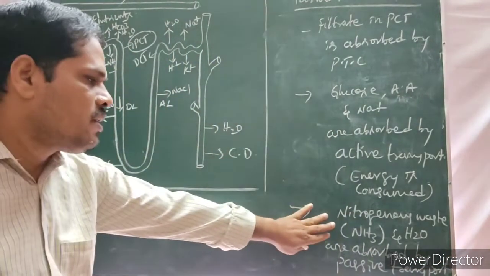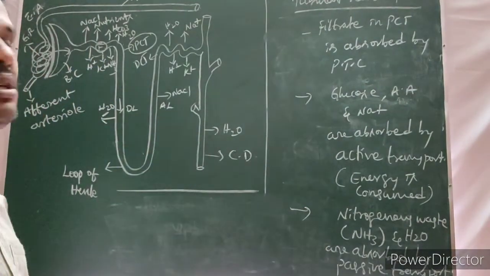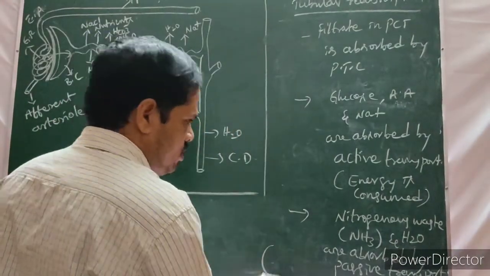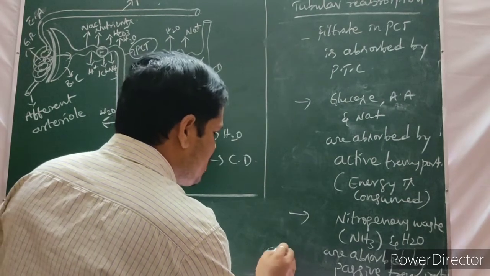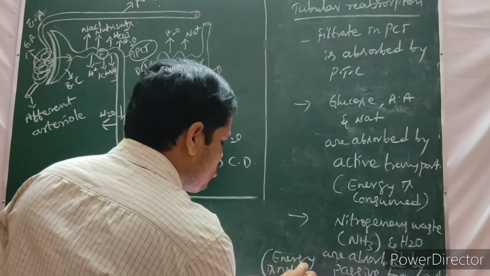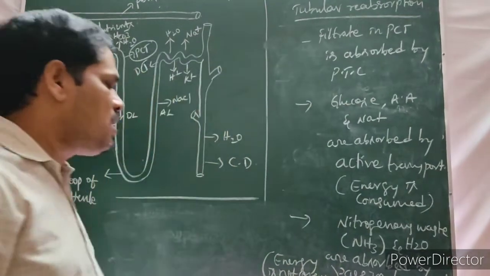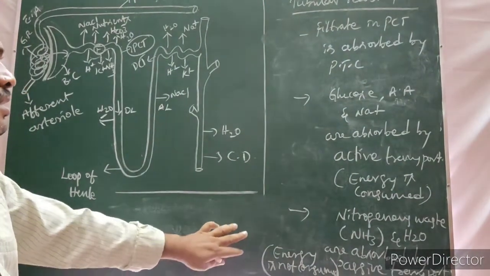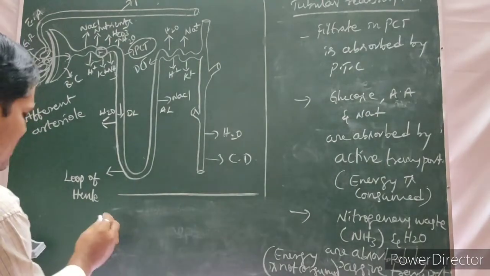Here, the nitrogenous waste, nothing but ammonia, and water are absorbed by the peritubular capillary without consumption of energy. So energy is not consumed here. That's why it is called as what? Passive transport.